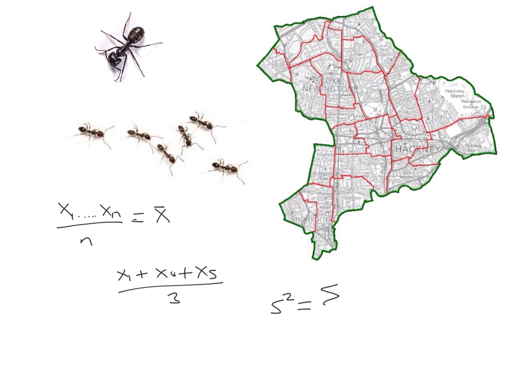That's going to be the sum of each ant minus the sample mean, squared, and then divided by n minus 1. That'll give us the sample variance. If I was to square root that, that would just give us s. Still a statistic because we are still able to know all of these values.